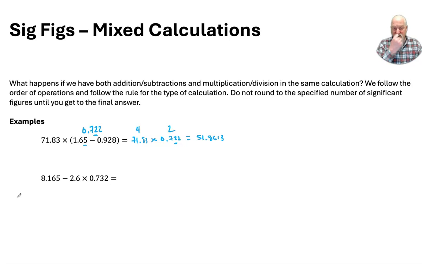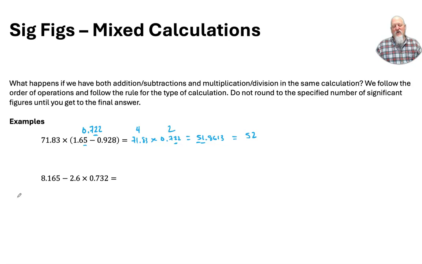So that only has 2 significant figures, so my answer should only have 2. 51.8613, so 5 and 1. The number after that is 8, so I'm going to round the 1 up to 2. So my answer is 52. 2 significant figures. Good.